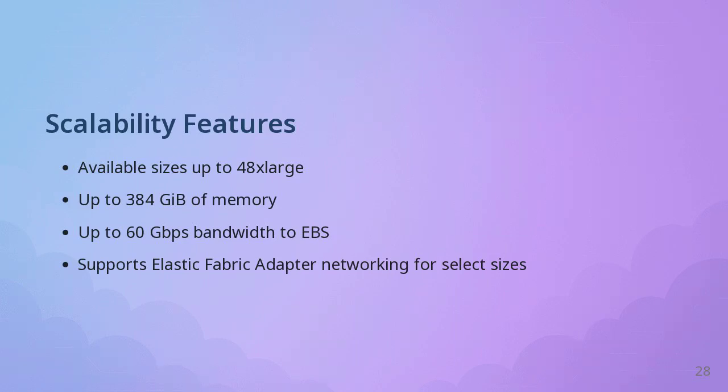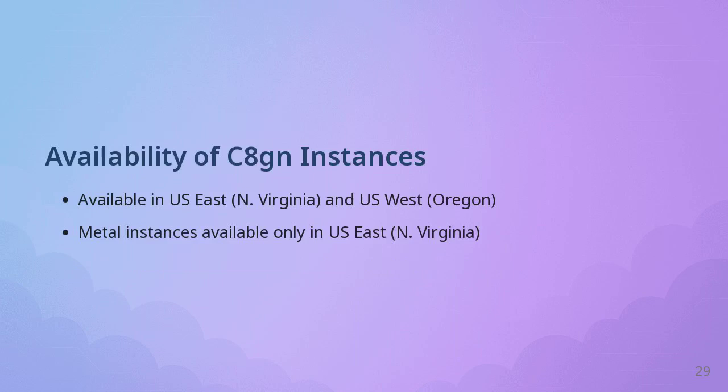C8gn instances support Elastic Fabric Adapter, EFA, networking on the 16xlarge, 24xlarge, 48xlarge, metal-24xl, and metal-48xl sizes, which enables lower latency and improved cluster performance for workloads deployed on tightly coupled clusters.